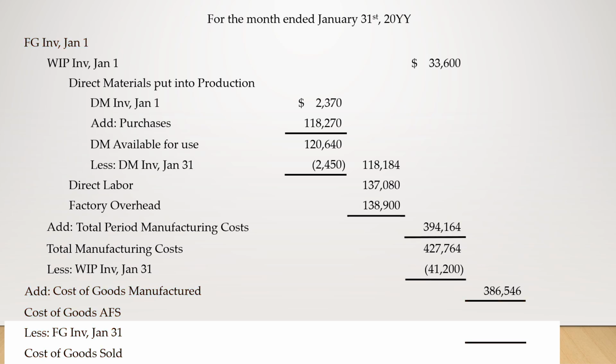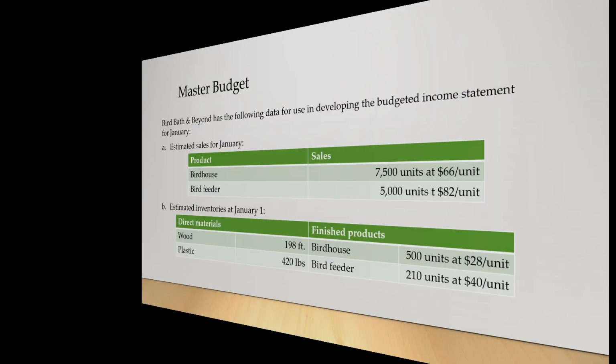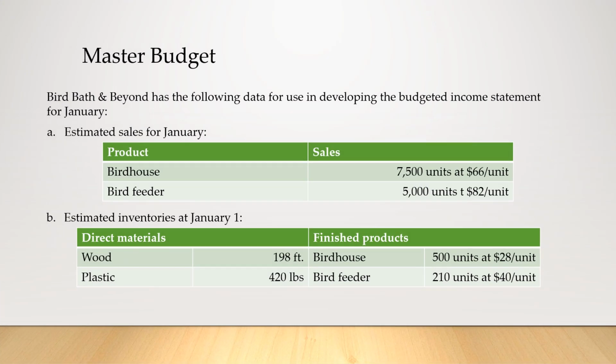We can determine finished goods inventory as of January 1st from our schedule. The information from Schedule B, to be exact.